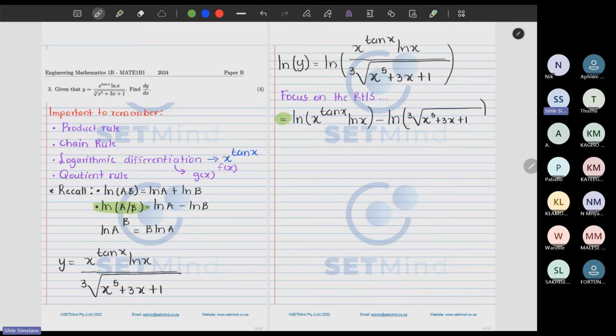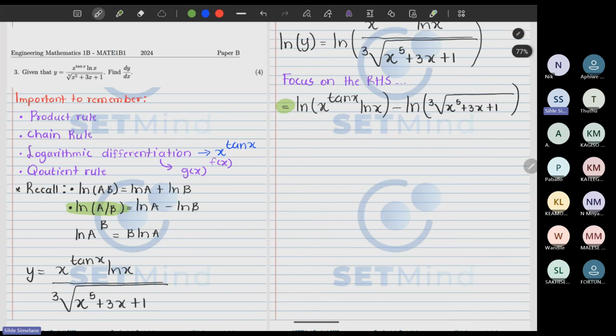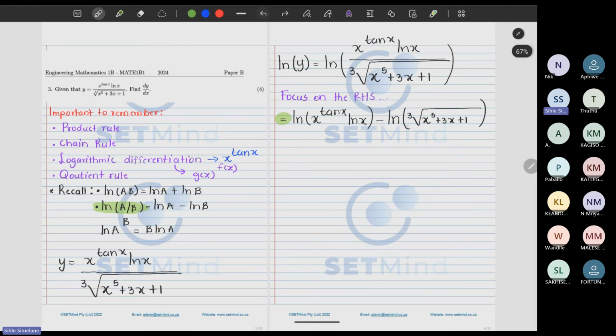And now if you look carefully, I can actually apply a couple of rules here. When I look at my numerator, I can separate it and make it a product. So I can have ln of x to the power of tan x, because these are multiplying, plus ln of x. Do you guys see that?